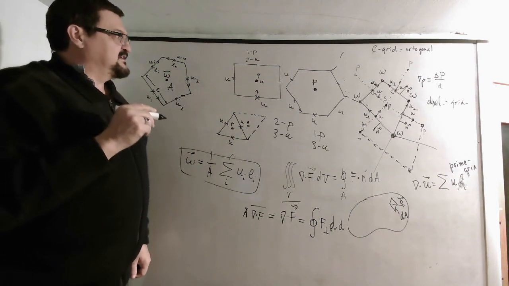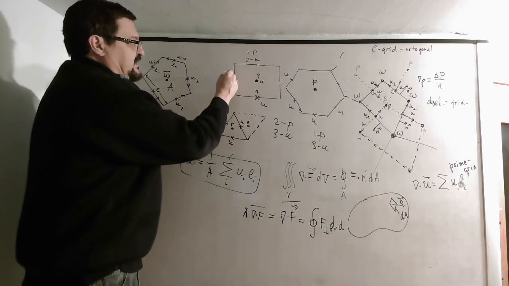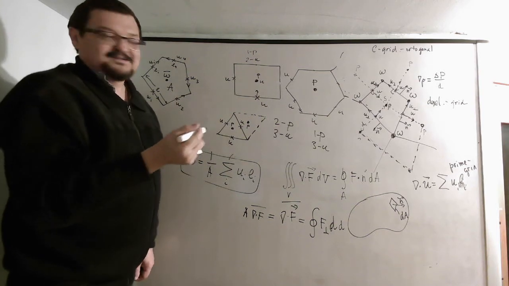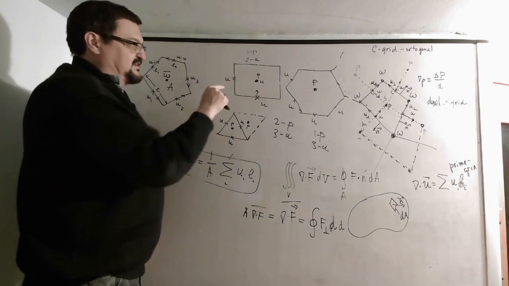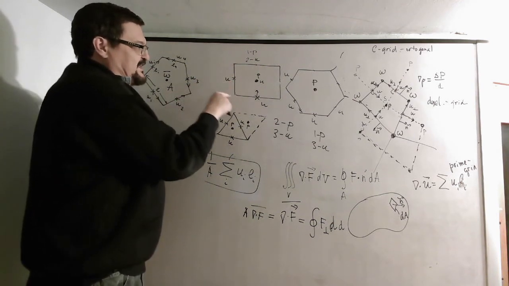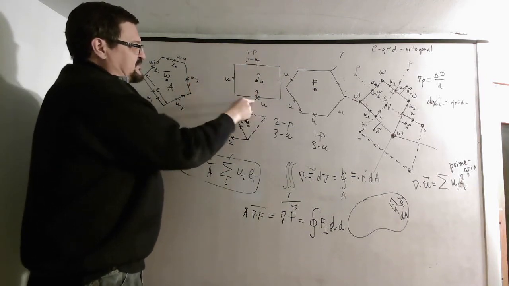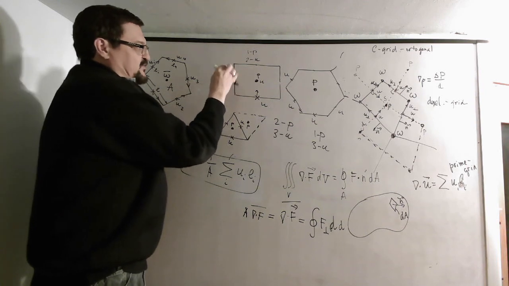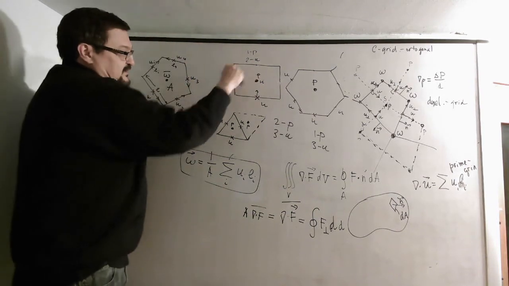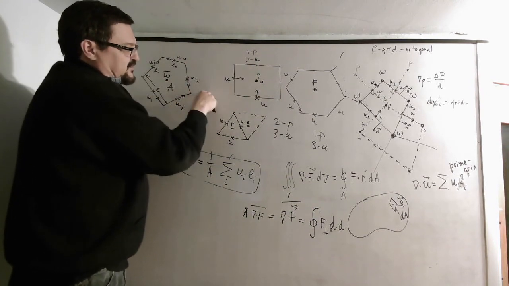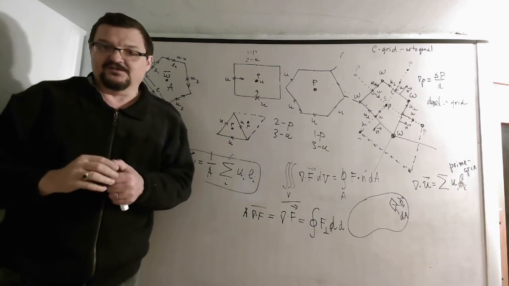But one additional disadvantage of the C grid is that in order to compute the Coriolis force, the Coriolis force for U is actually F times V. So you need a perpendicular vector. On this grid, you need to average these components into this point, because this vector looks like that, and here it looks like this. So in order to compute the perpendicular to this, you need to take these perpendicular vectors and average them. And as soon as you start averaging, you start producing modes that don't see the Coriolis force.